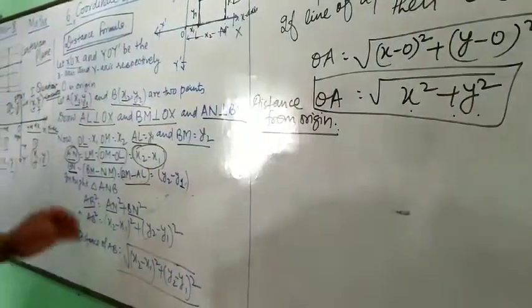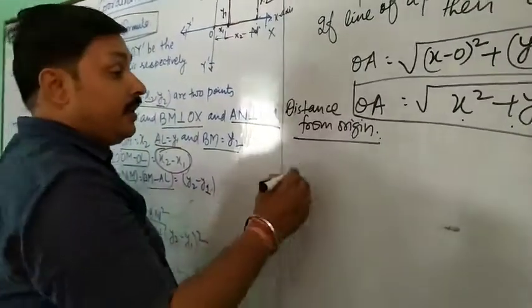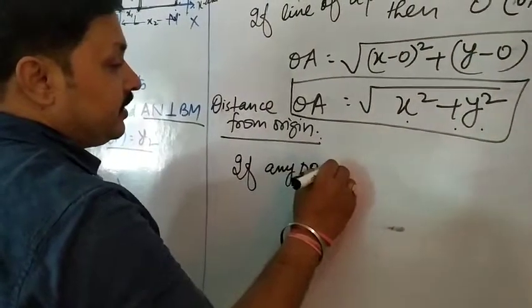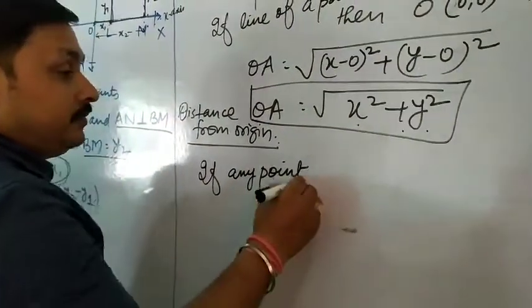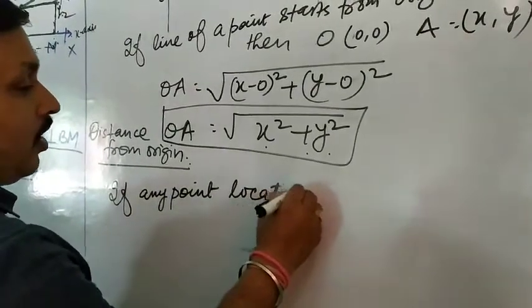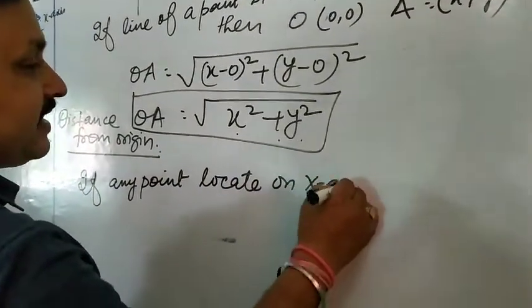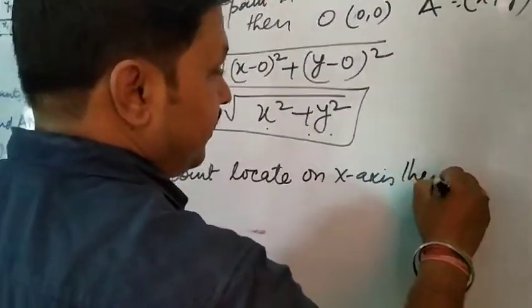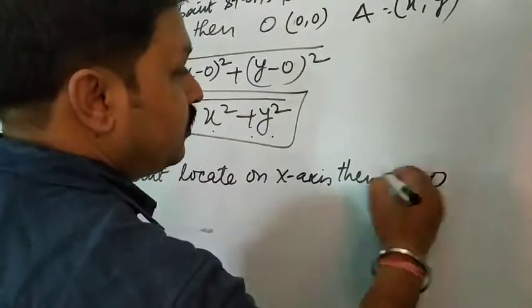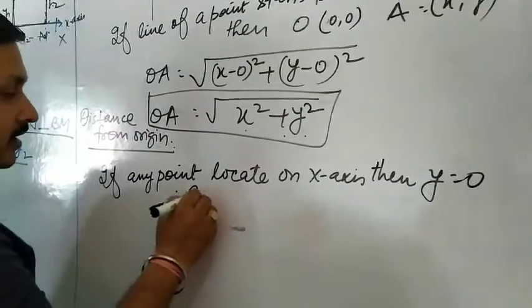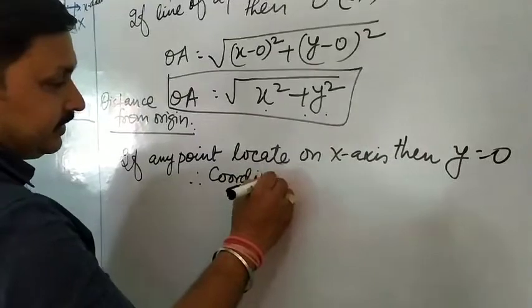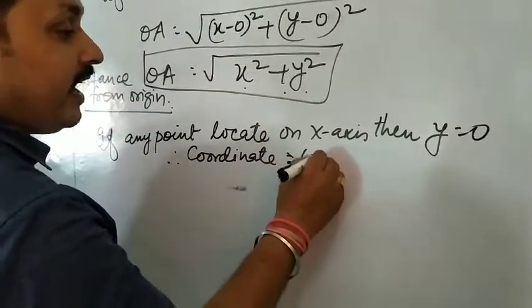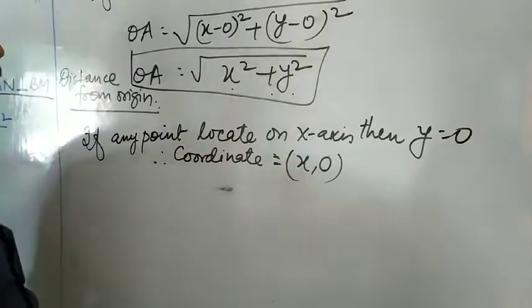Now one more thing: if any point is located on the x-axis, then y equals 0. So the coordinate equals x, 0.